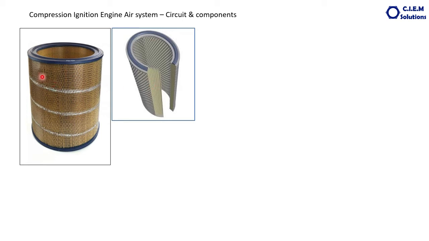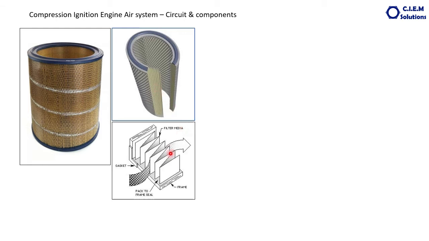If it were a simple paper surrounding this filter, the area would be very small. To increase the filtration area of the paper media, it is designed in a pleated system like this, and filter area is also critical in pumping an adequate amount of air into the engine. If you just look at the filter paper plates, it looks like this.